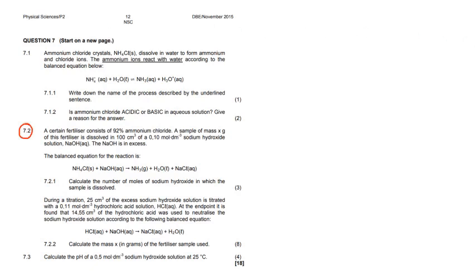When we read this, it says that ammonium chloride crystals, and we're given the chemical formula for that, dissolve in water to form ammonium and chloride ions. The ammonium ions further react with the water according to the balanced equation provided below.